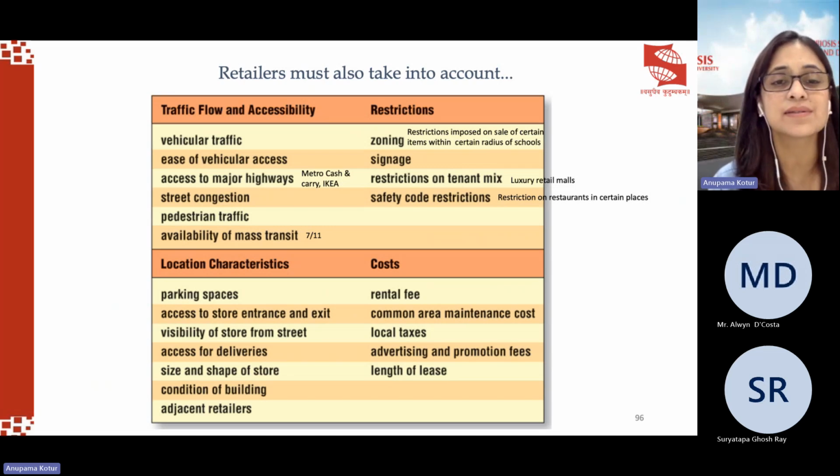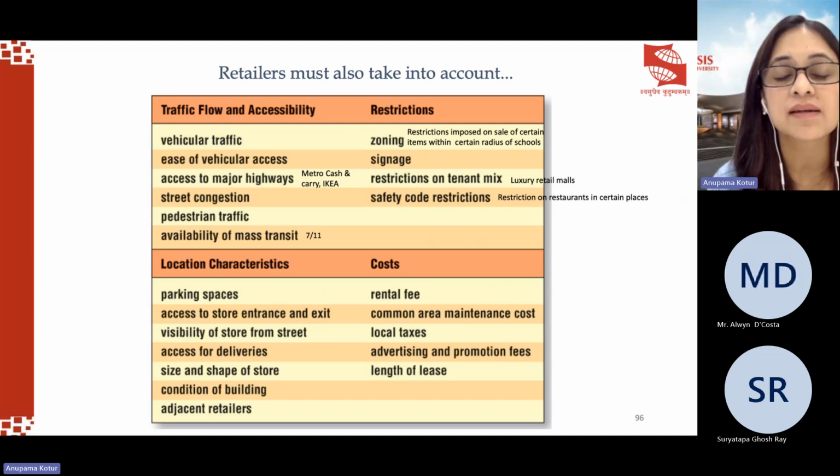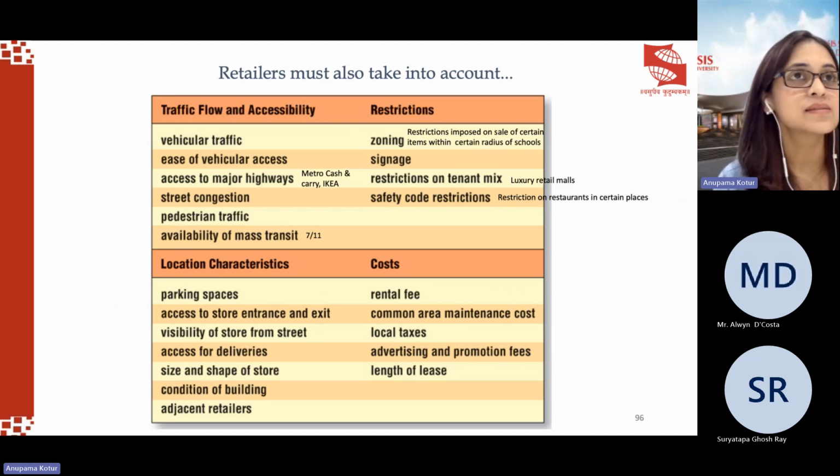Again, like I said, depends entirely on what kind of a store you're talking about. If it's a supermarket, if it's a departmental store, like Lifestyle or your Shoppers Stop and things like those, then of course it would be easier to be located in a place that's convenient for vehicular traffic to access the store.